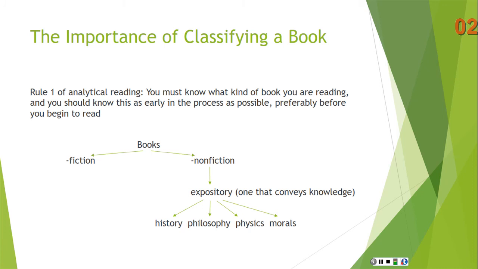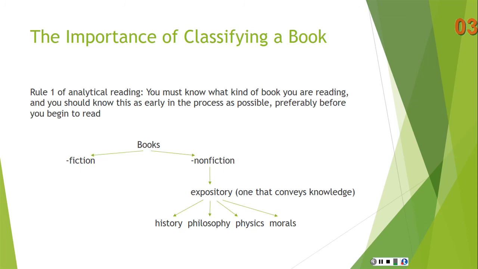Now, of expository works, you have stuff like history, philosophy, physics, morals, and so the category of expository works is extremely broad, and depending on what sort of expository work you have, that will tell you how you should read that book.